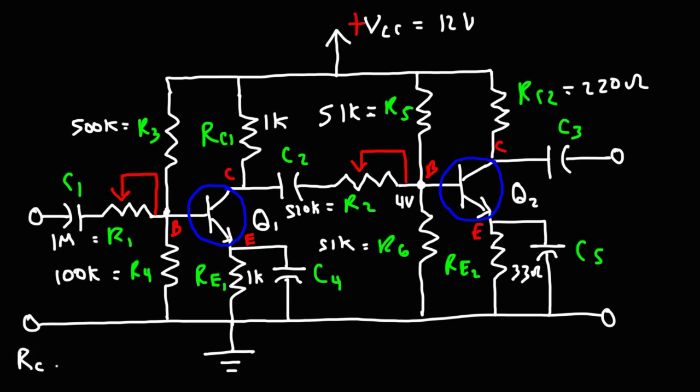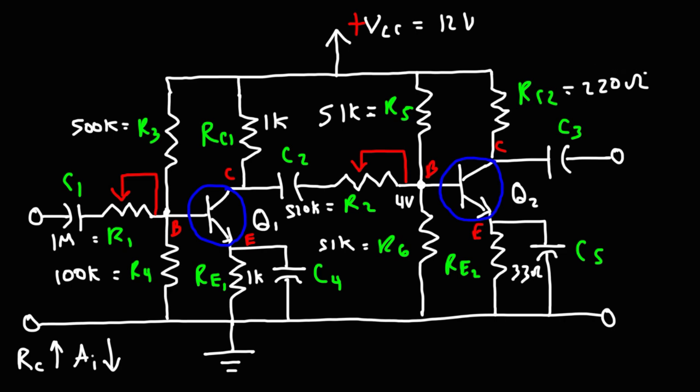If we were to increase the value of RC, it could be any one of these two. If you increase it, the current gain of the amplifier decreases. Increasing the collector resistance will mean that there's less collector current flowing through the collector and the emitter of the transistor. And so ultimately that will reduce the current gain.